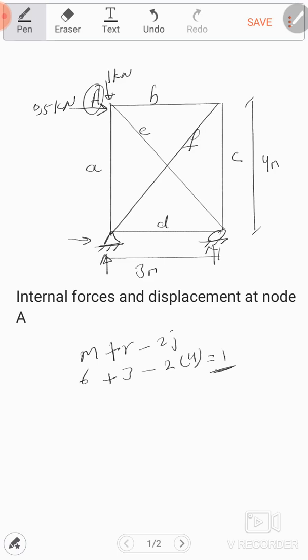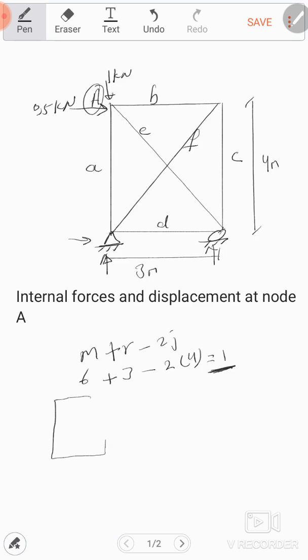This is from the theory of structures, and we solve the question depending on 1 kilonewton for each one. And for an indeterminate structure, you should use another system. So let me show you by drawing.